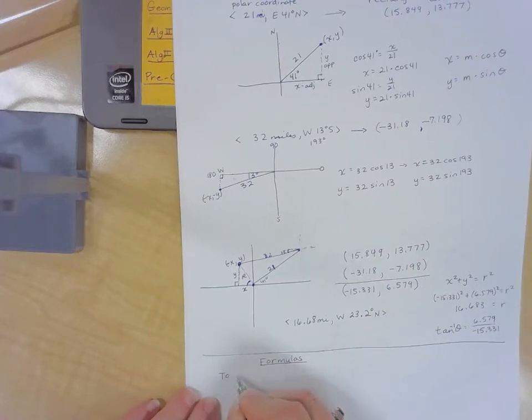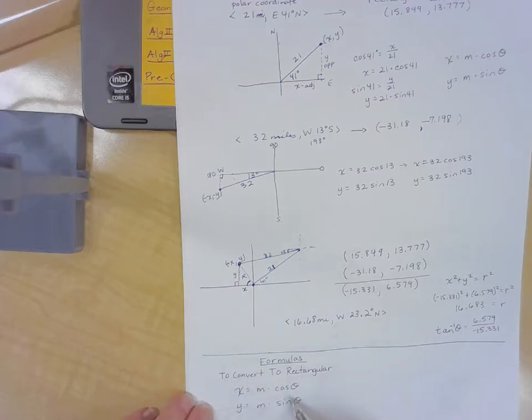To convert to rectangular, x equals the magnitude times the cosine of theta, y equals the magnitude times the sine of theta.